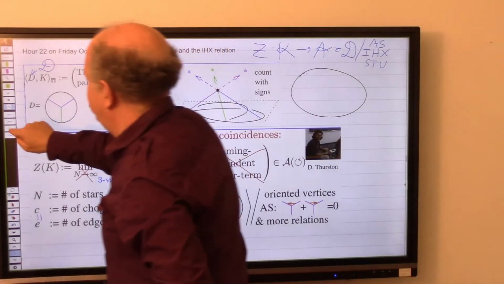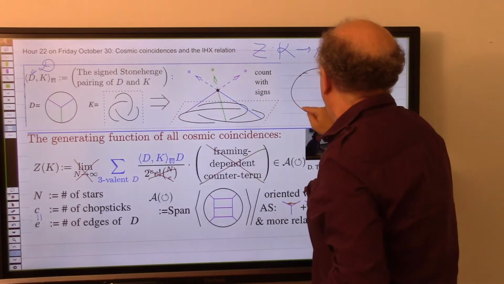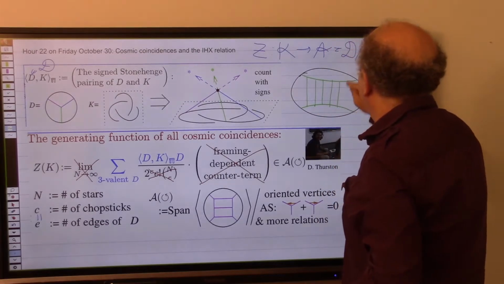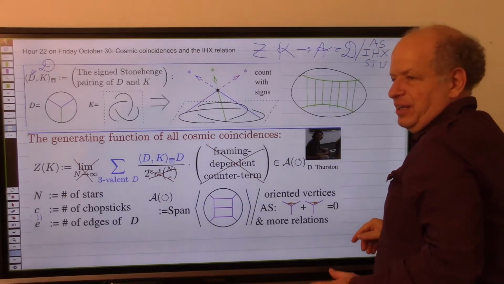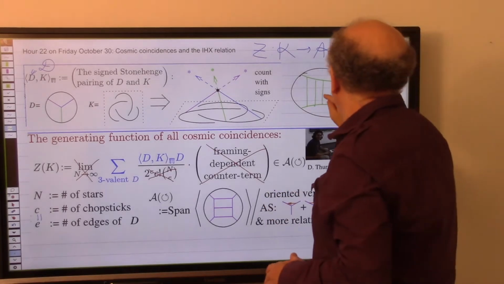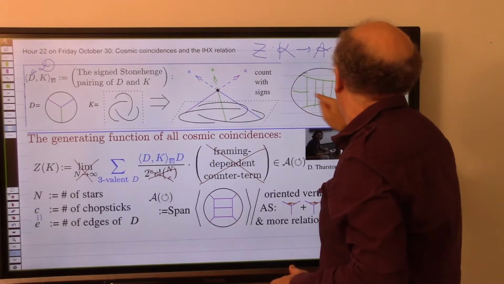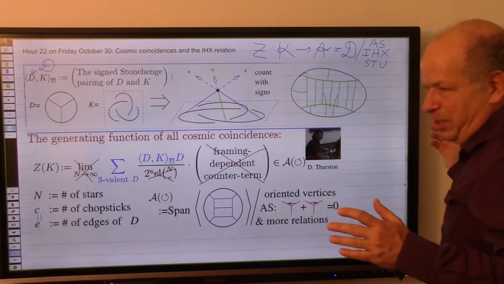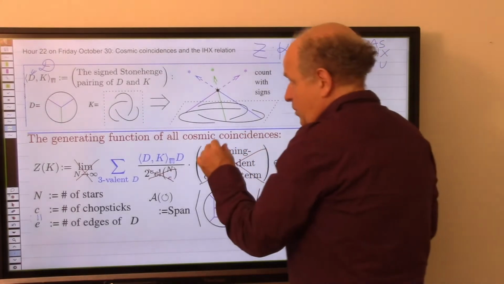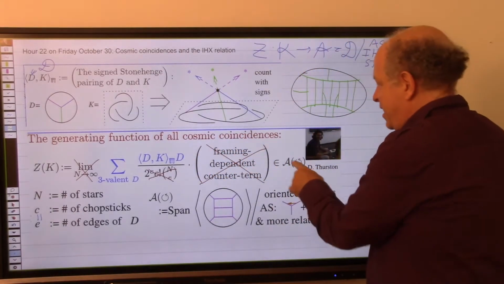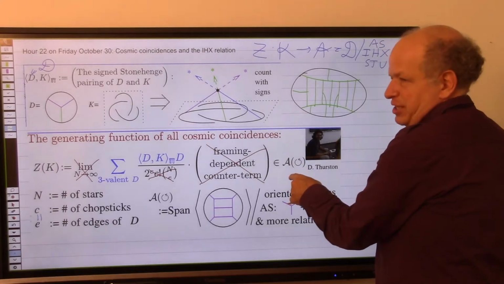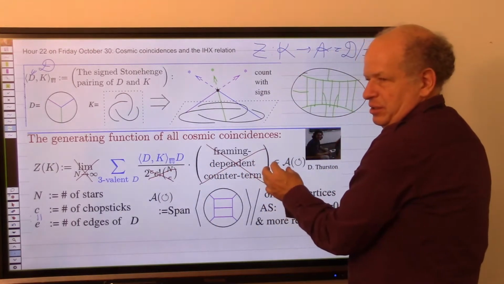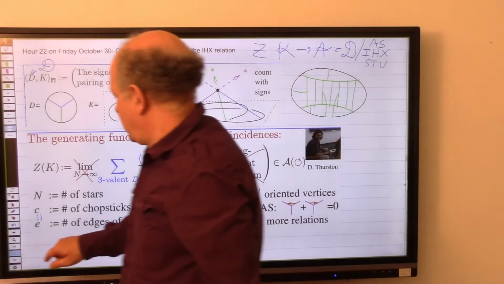The internal diagram could be like this, or maybe the diagrams don't need to be planar. Basically you could make an arbitrarily complicated diagram. So in fact, the space A that we're talking about is the completed space. This is generally an infinite sum. Okay? Good.